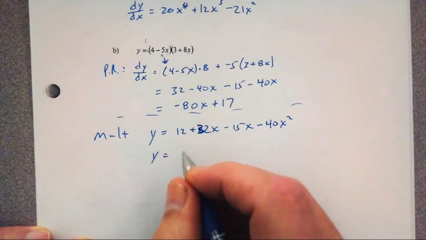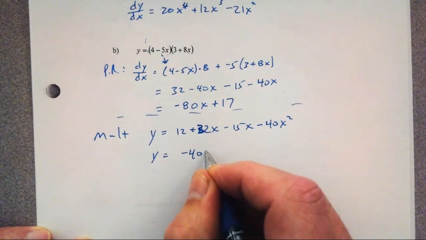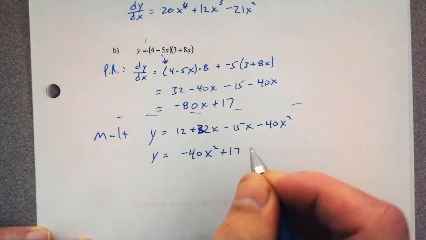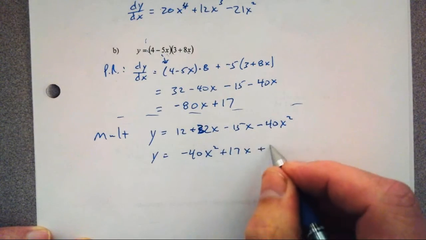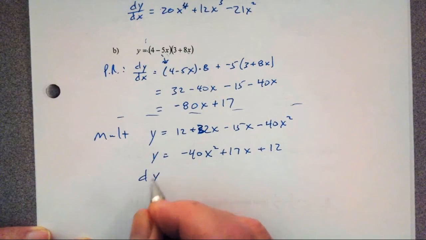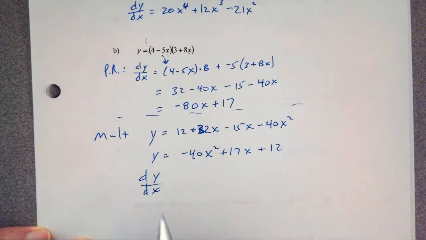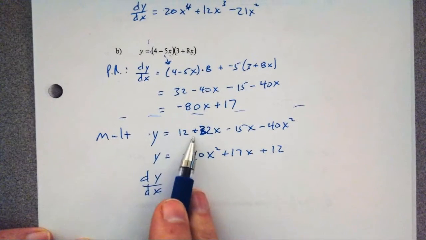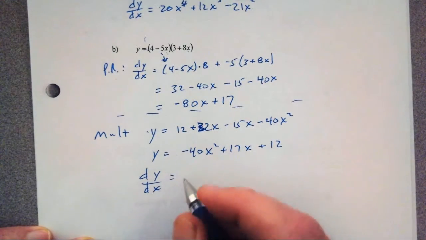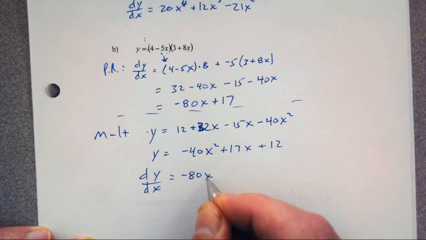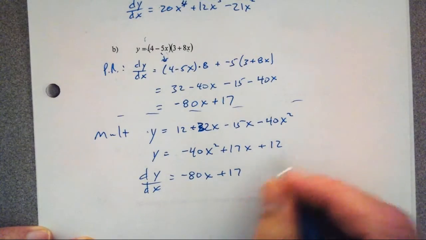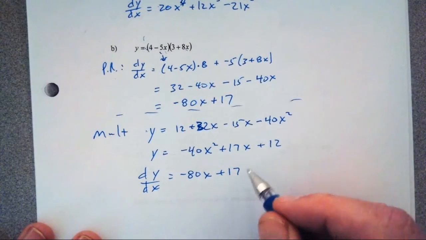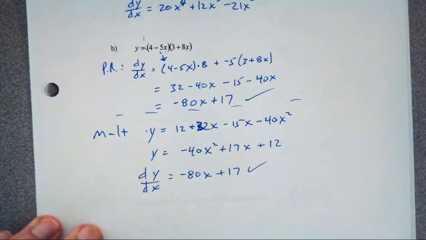Or y equals negative 40x squared plus 17x and a plus 12. So now the derivative, dy/dx. Don't start putting dy/dx here because this is still just y. Now the derivative is negative 80x plus 17, and the derivative of 12 is 0. And it's nice to see that we got the same thing for both.